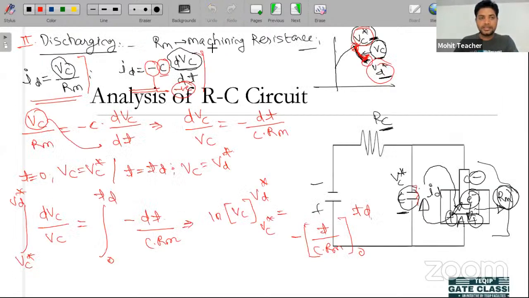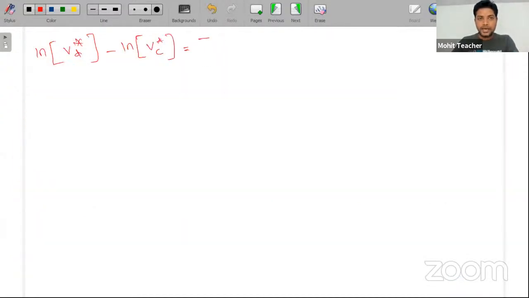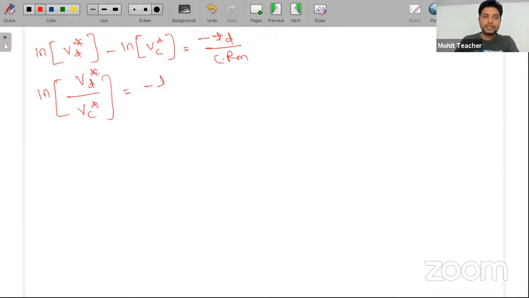Next in this side it will be minus td minus 0, so can I write minus td simply, this is minus td upon C into RM, ठीक है. Now ln a minus ln b, again this is what we used last time, so this will be like ln a by b, so this is ln VD star upon VC star, ठीक है. So that will be equals to minus td by C into RM, ठीक है.